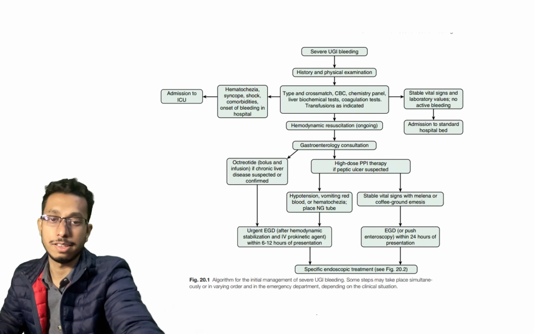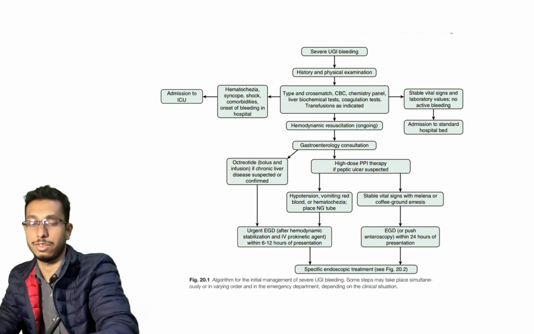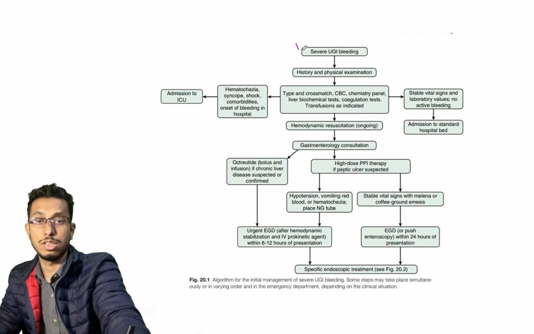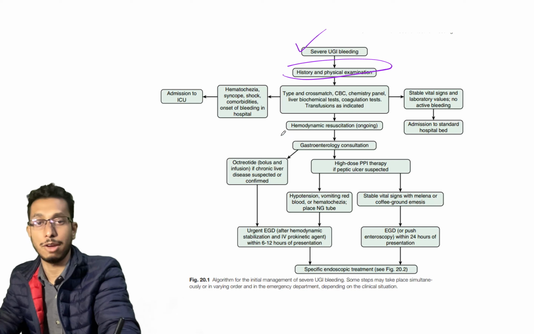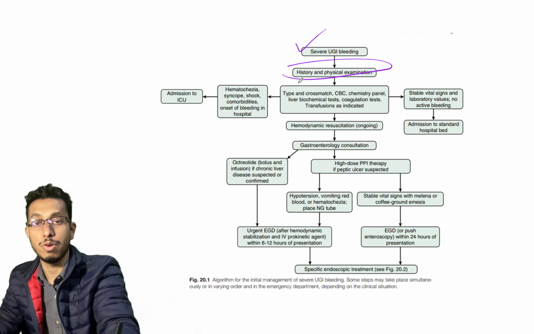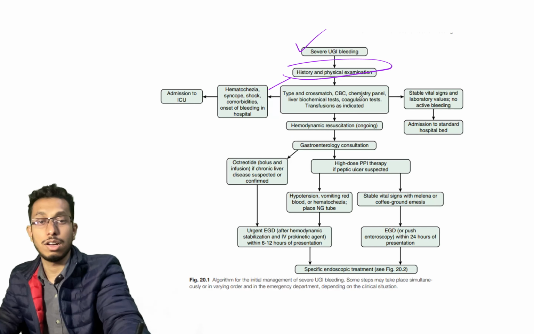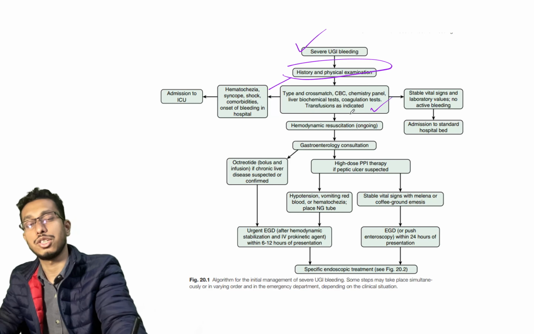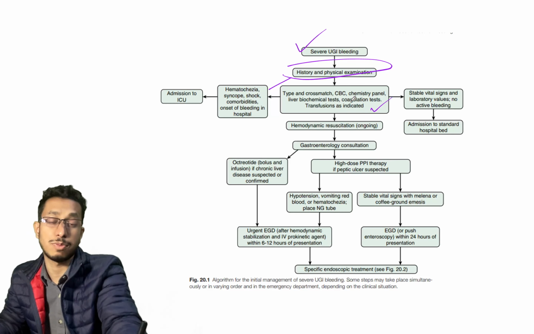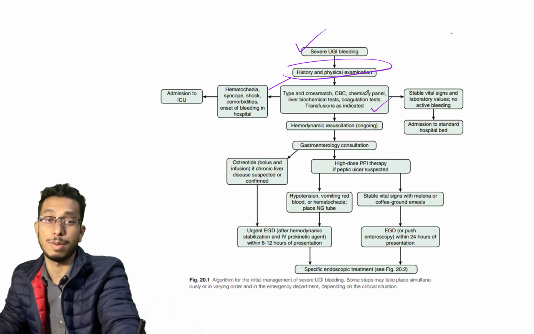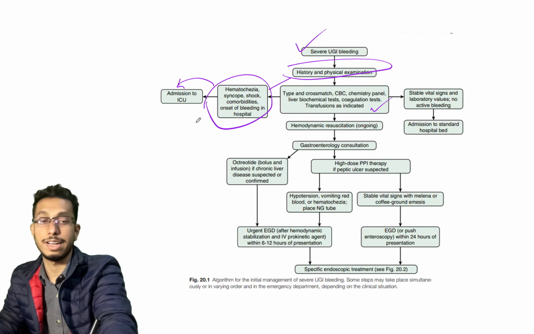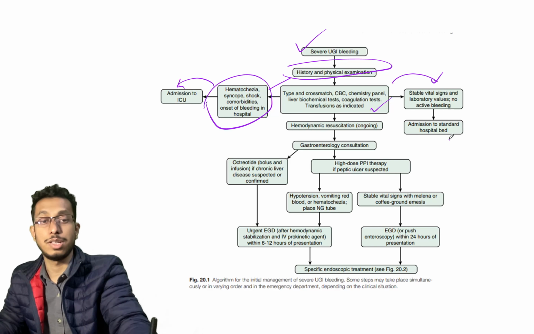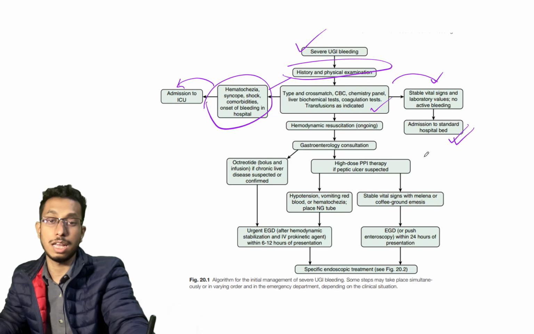This is again in Schlesinger, all the things about the approach I have just discussed. So in severe upper GI bleed, the first step is history and physical examination and making a provisional diagnosis. In the meantime, treatment should go on to manage, for example, routine blood investigation panel, whether blood transfusion, PRBC transfusion is required or not, and whether fresh frozen plasma or platelet transfusion is required or not should be decided. If this is an unstable condition, admission to ICU is warranted, whereas if stable, admission to a standard hospital bed can be done.